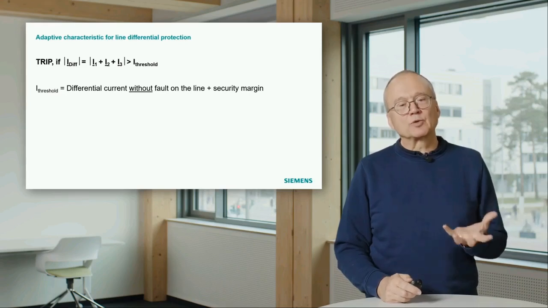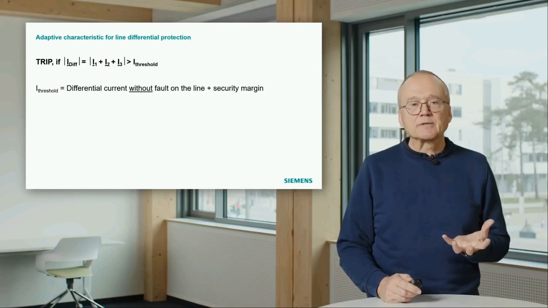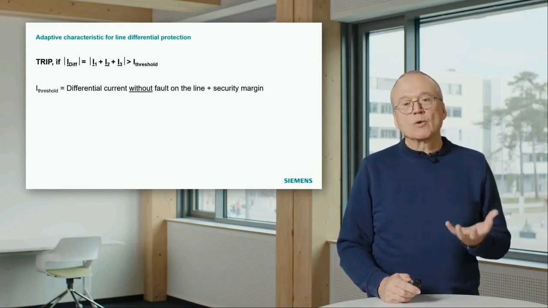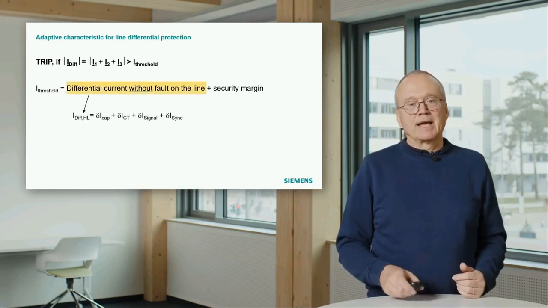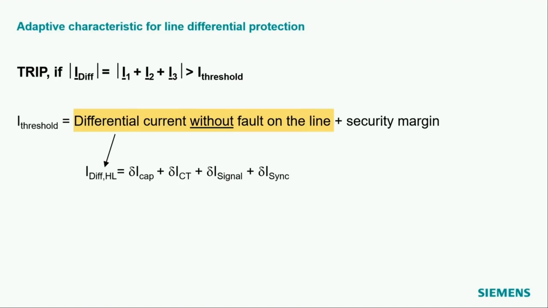And now we have to discuss how can we estimate what the maximum differential current on a line can be without a fault. And this differential current we can measure without having a fault consists of different parts, and we will look at them one after the other.